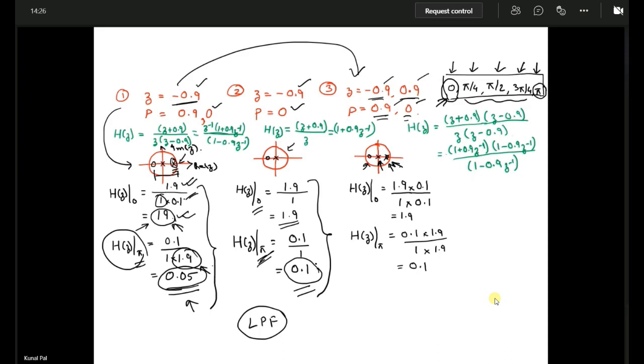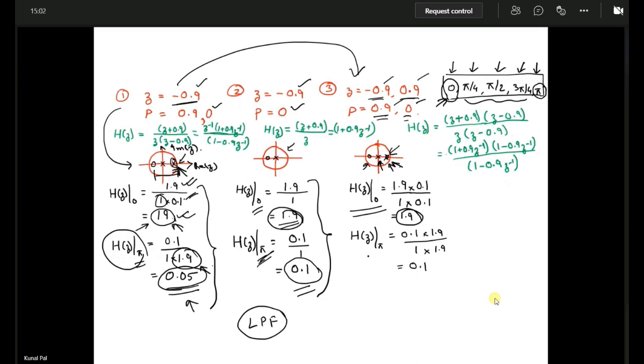Then there is another important parameter over here. In the third case, if you see, we have placed a 0 over the pole at this end. Because of this, what is happening? If you see, the amplitude response at DC frequency is 1.9, which is equivalent to the second case.